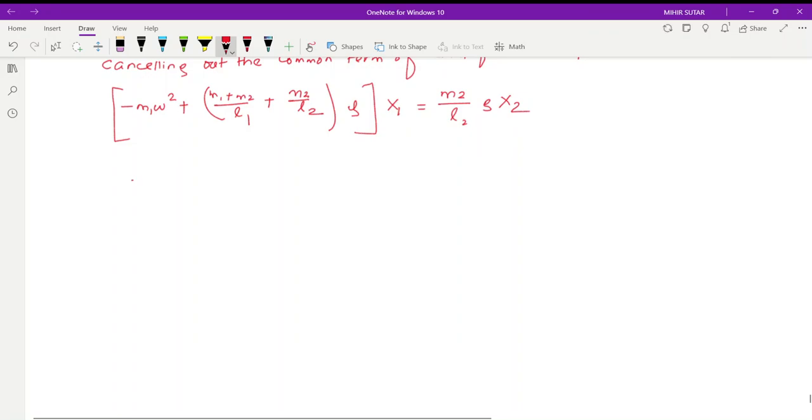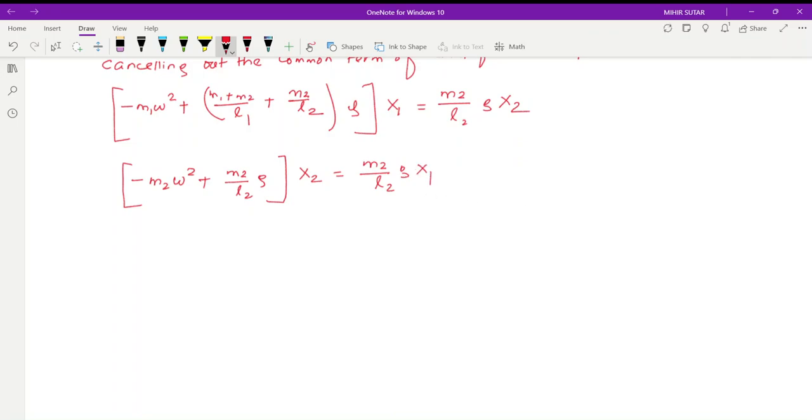Also, for the second mass, (minus m2 omega square plus m2 by L2 g) X2 is equal to m2 by L2 g X1. Let's say this is equation 9.